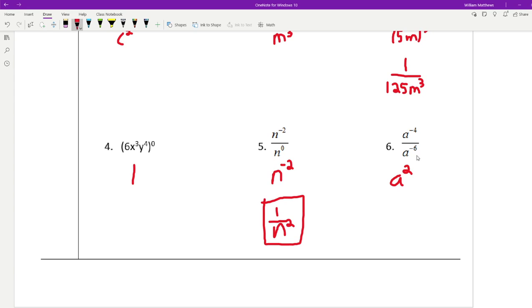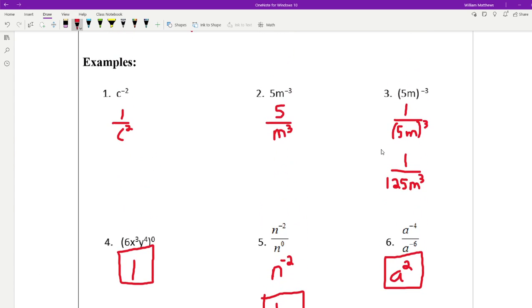Now you could have gone through this where we switch a to the power of negative 4 and a to the power of negative 6 on the opposite using the multiplicative inverse rule. But in this case, just using the earlier quotient power rule gives us our answer. Now to box them all in again, to finish up our video.